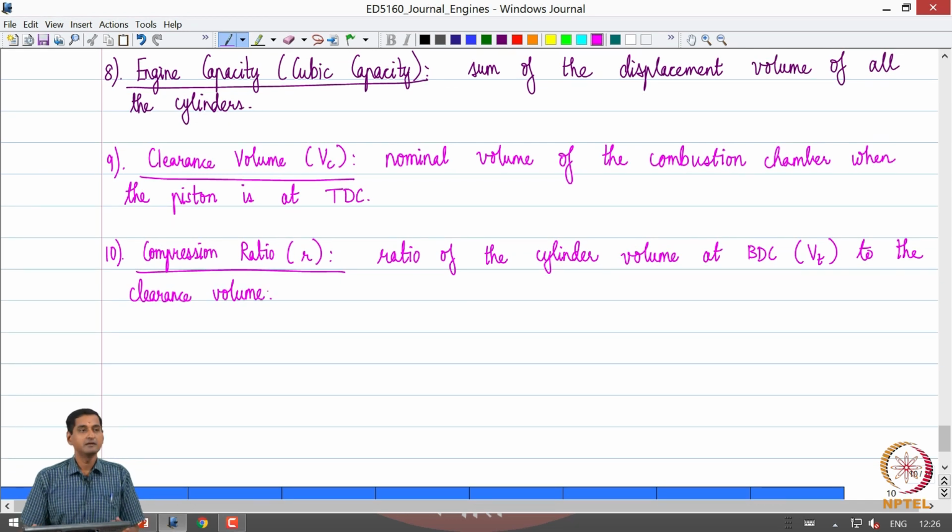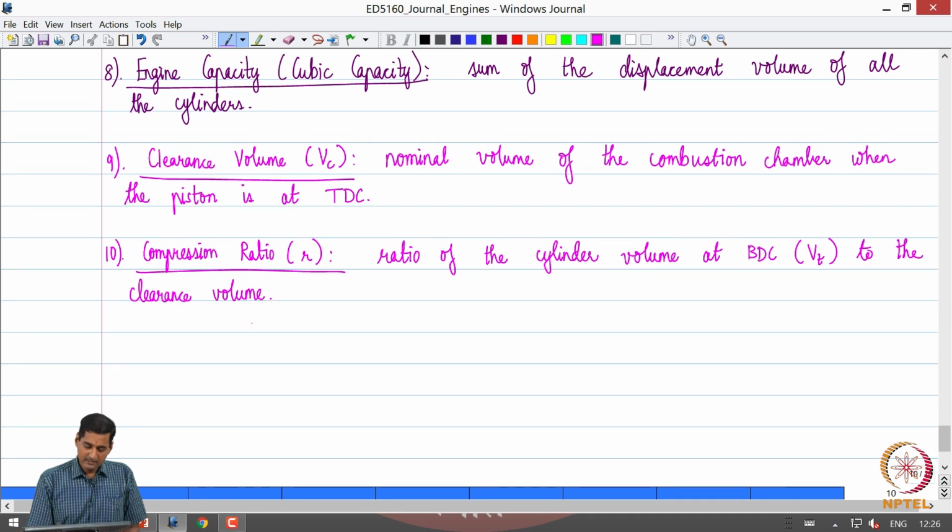Okay, so that is the compression ratio. Some people call it the total volume V subscript T, that is when the cylinder is at the bottom dead center, whatever is the volume of the cylinder, that is what is called the total volume. That is the reason why we are using a subscript T.